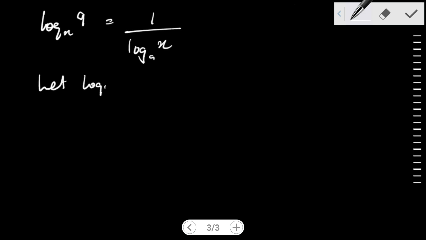Now suppose we have another elementary rule, that log_x a equals 1 over log_a x. How would we prove this? Let log_x a equal k, so x to the power k equals a.